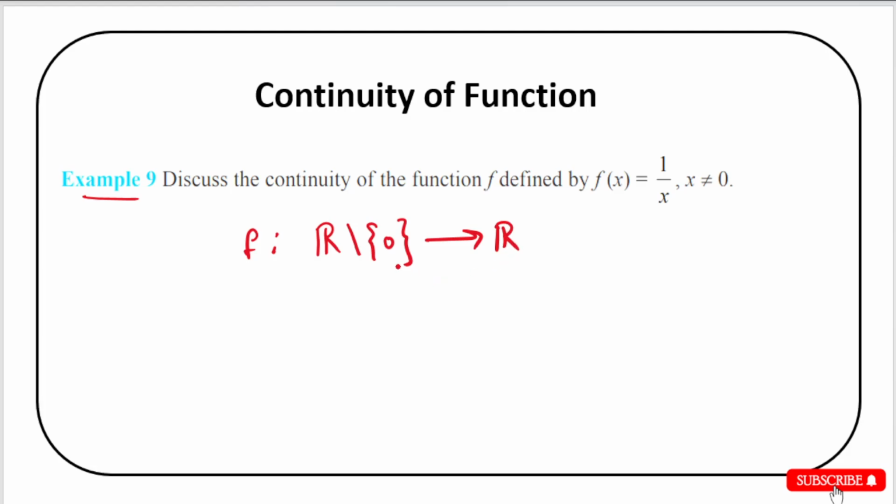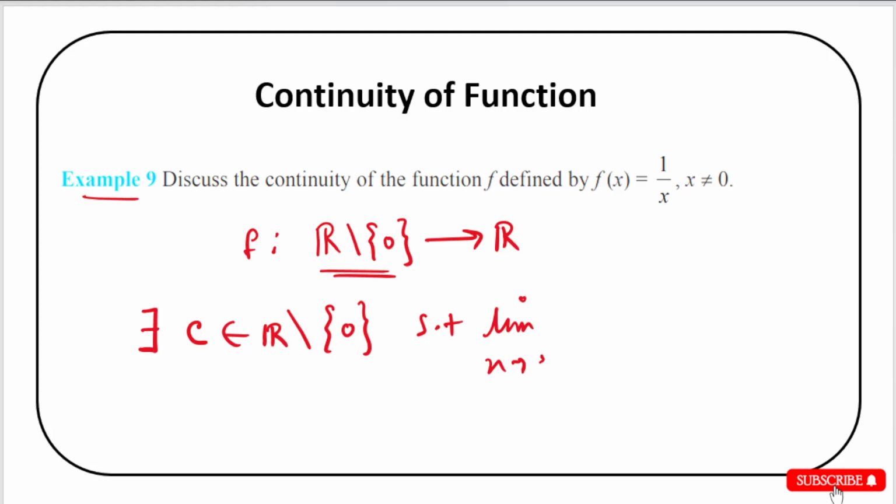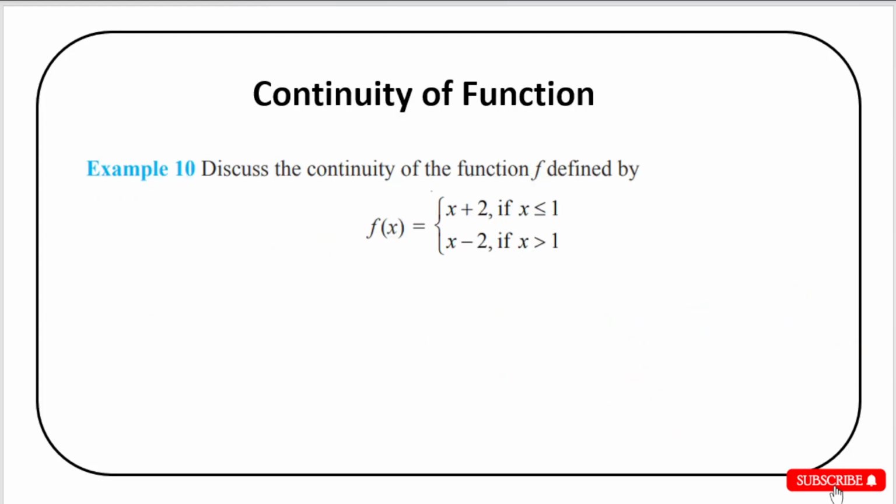So you will say that there exists a value c which belongs to real numbers except the value 0, such that limit x tends to c of f(x) is always equal to f(c), which is equal to 1 upon c. c cannot take the value 0, so f(c) will be exactly equal to the limit, and the limiting value will be 1 upon c. So again, this function is continuous.